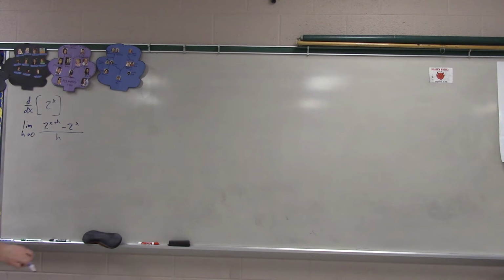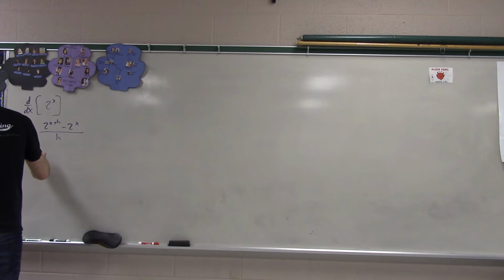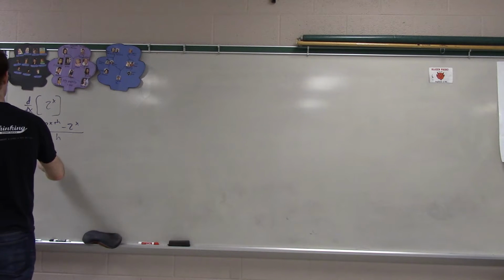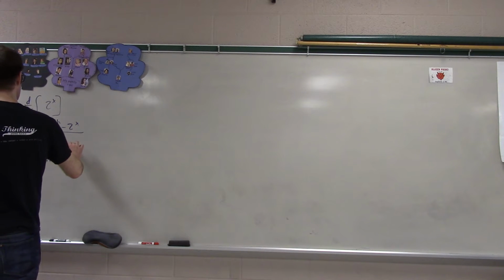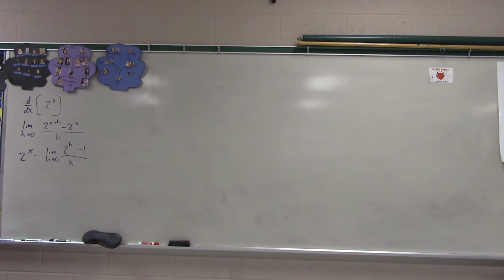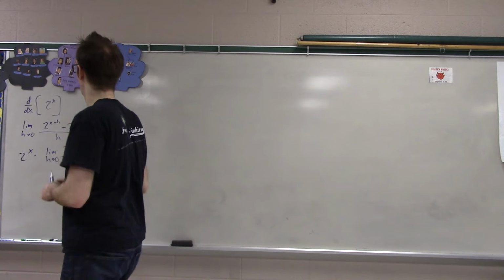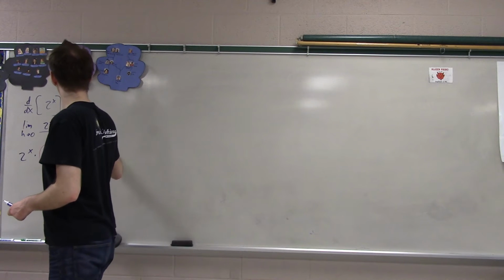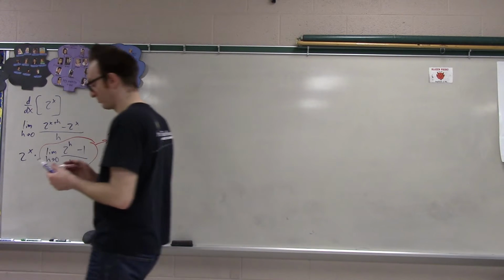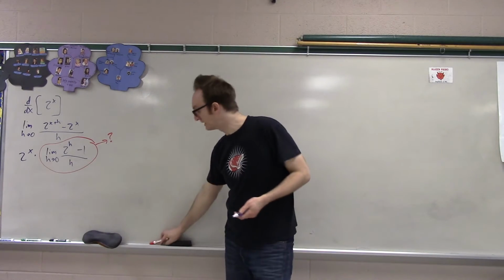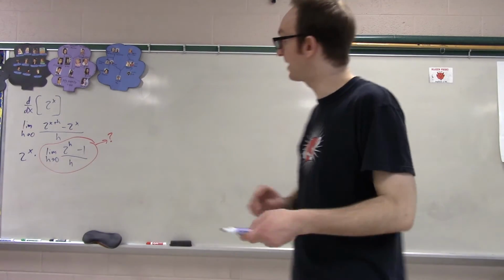We weren't sure how to do this, but by rewriting this as 2 to the x, 2 to the h, and factoring out the 2 to the x, we end up with 2 to the x times the limit as h goes to 0 of 2 to the h minus 1 over h. And then we had this limit, which we had no idea how to compute, and we couldn't really figure out a way to do it.